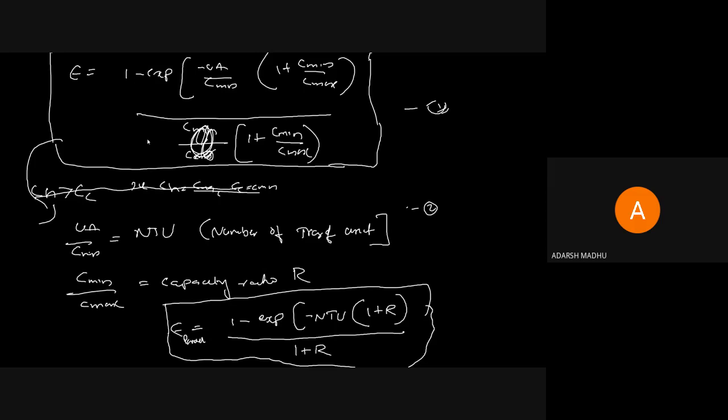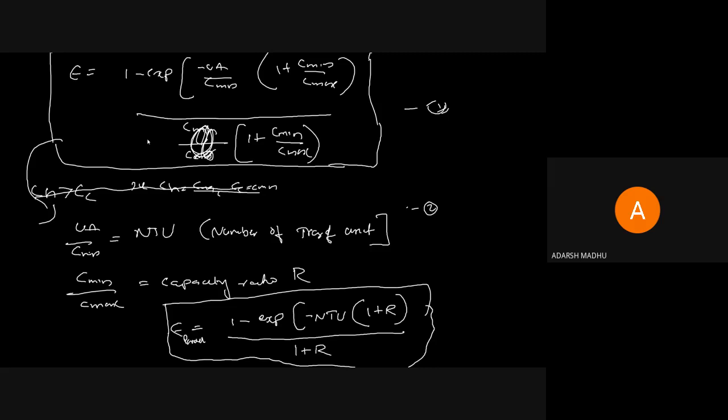C minimum is the minimum value of CC or CH, for the cold fluid or the hot fluid, whichever is smaller. U is the overall heat transfer coefficient, A is the area, and C minimum is the minimum value of CH or CC.